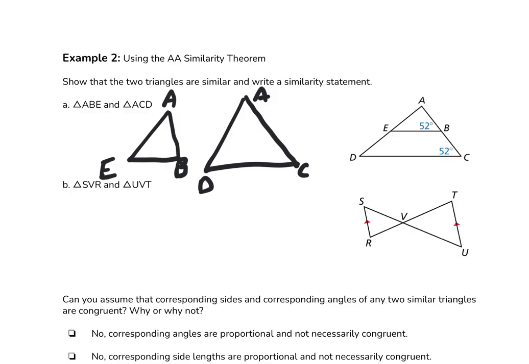The one thing we know right now is angle B is 52, angle C is 52. So right now we got one pair of angles that are congruent, right? But we need two. Are there any other angles here that are congruent? Okay, it's the same angle, right?